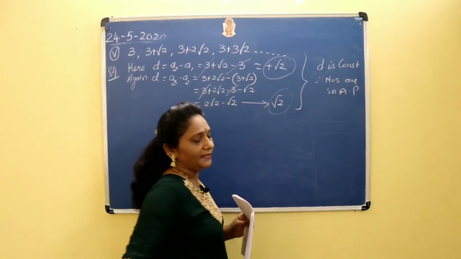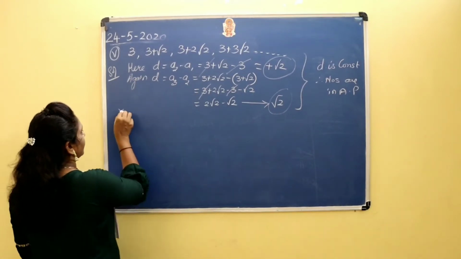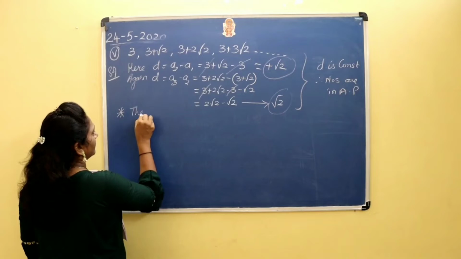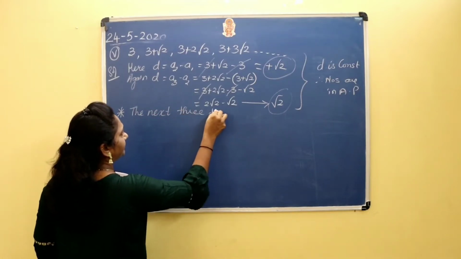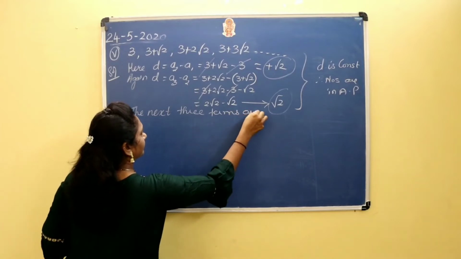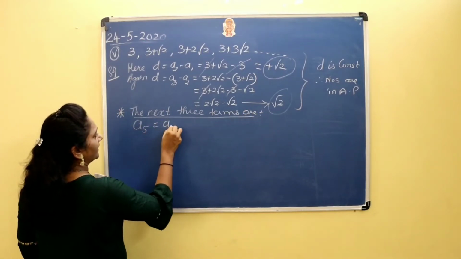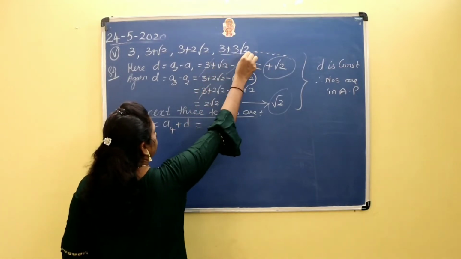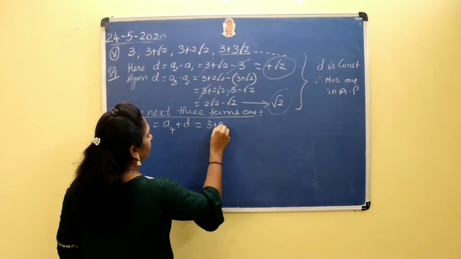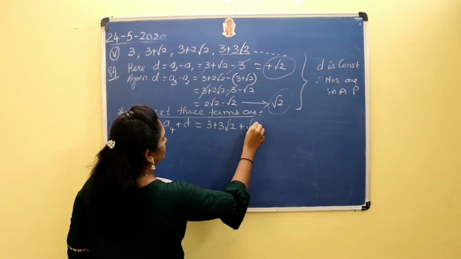So, if they are in AP, we have to find out the next 3 terms. So, let's find the next 3 terms. A5 is equal to A4 plus D. Your A4 is 3 plus 3 root 2, plus root 2.